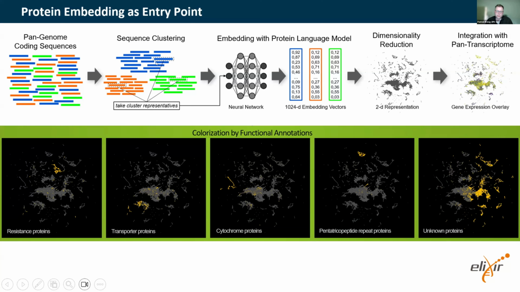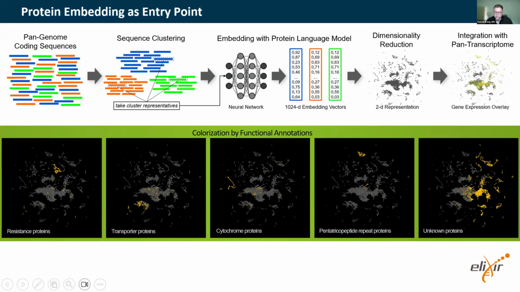representative sequences from each cluster are taken and then fed into a neural network, a so-called protein language model. Then for each protein, an embedding vector is derived. These embedding vectors are then visualized via dimensionality reduction on a two-dimensional representation, or simply called a scatter plot.